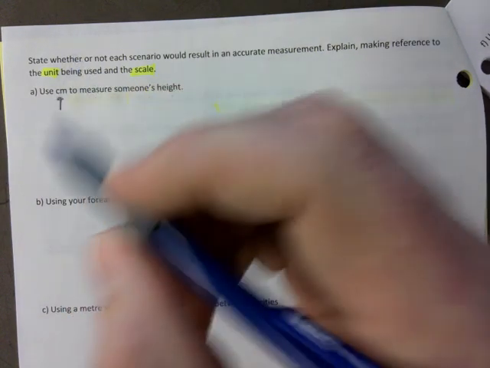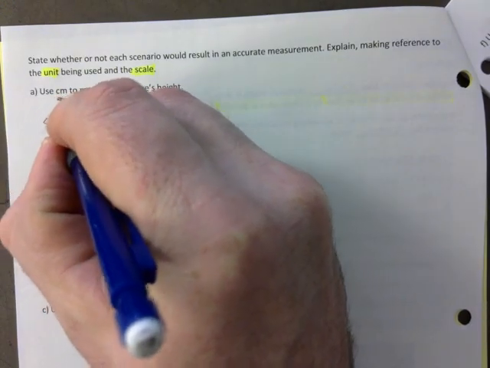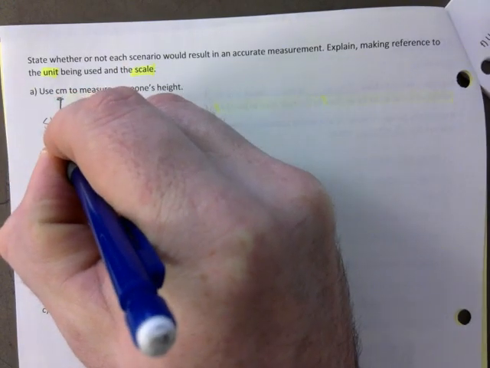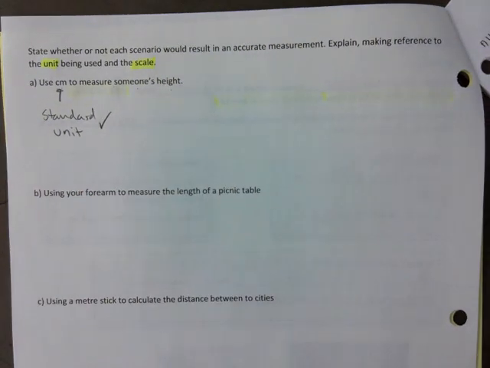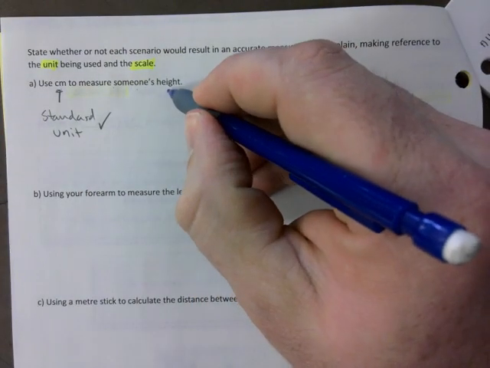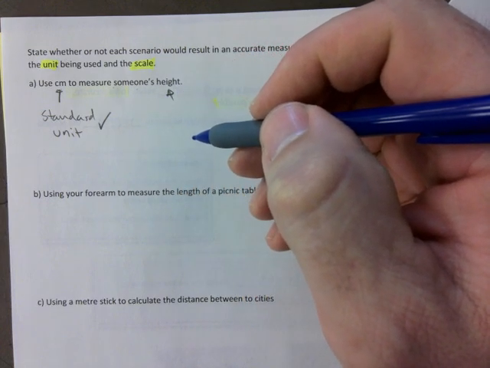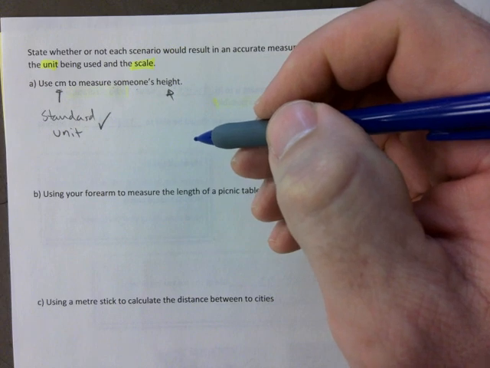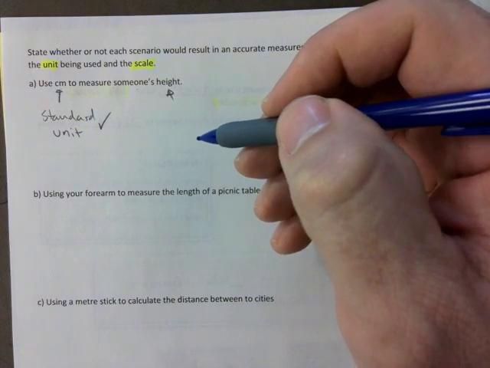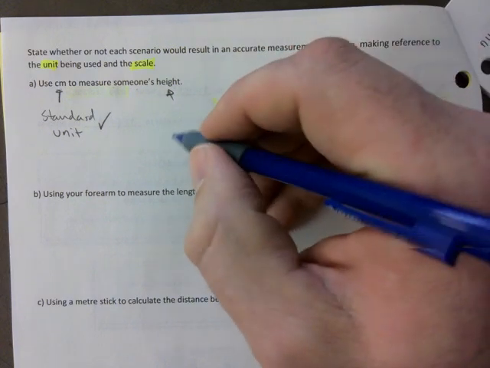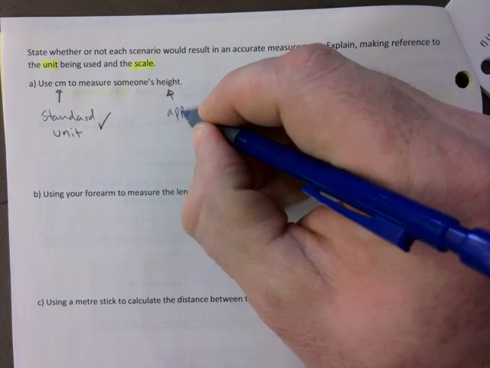Centimeters, it's standard, right? Standard unit. Check, so that part is good. Would it be appropriate to use centimeters to measure someone's height? It is not outrageous, right? Let's look at it that way. Appropriate scale.